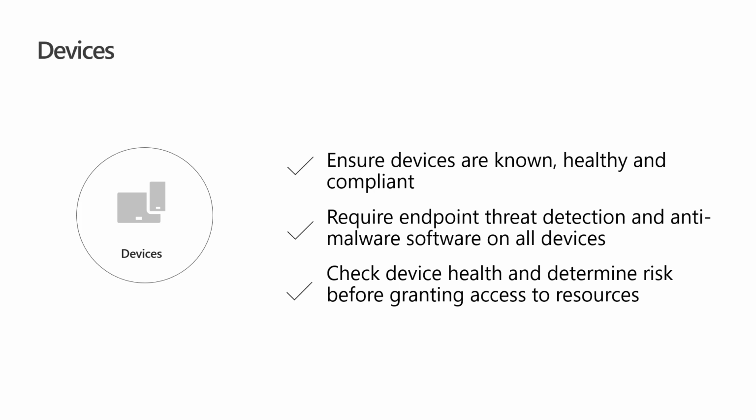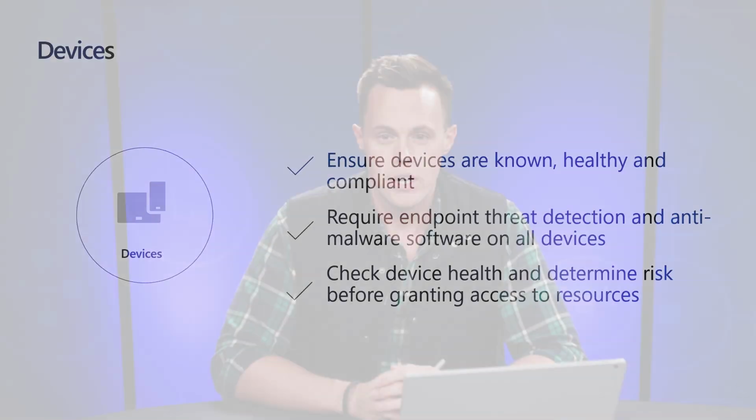Lastly is ensuring that we are checking device health and determining risk before we're allowing access to resources. So the really important piece here, again, goes back to that verify pillar that we talked about in earlier slides, in just making sure that every single time a resource is accessed by a user or by a device, risk is checked. And we're making sure that this user is who they say they are and that this is a device that we trust.